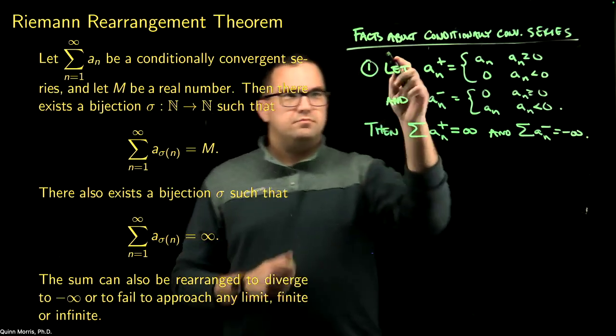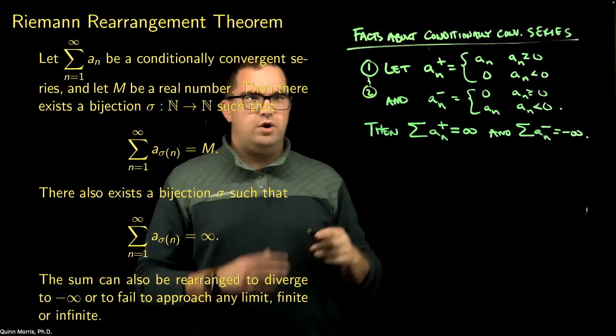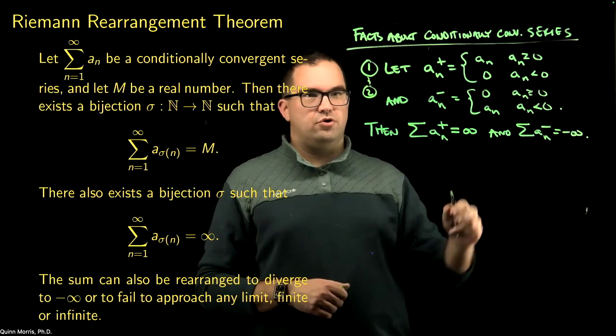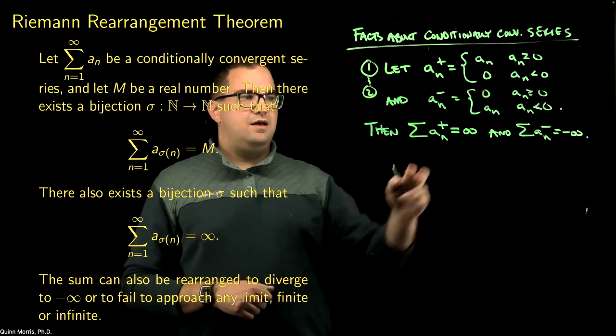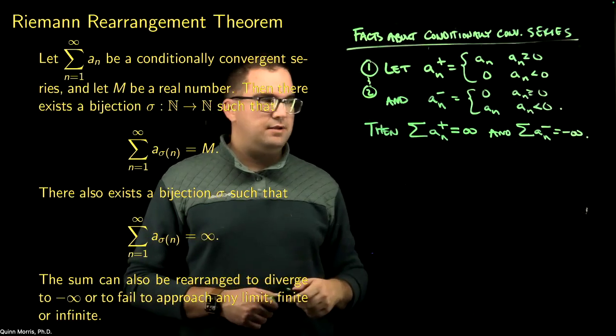In the notes, these are labeled as facts 1 and 2. So the first is that there are an infinite number of positive and negative terms. The second is that these sums diverge to positive and negative infinity, respectively.